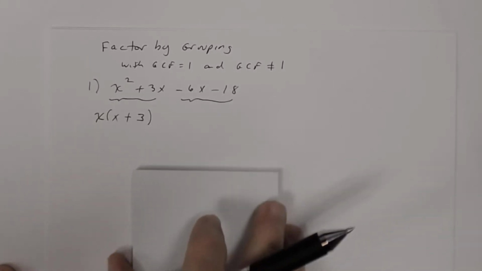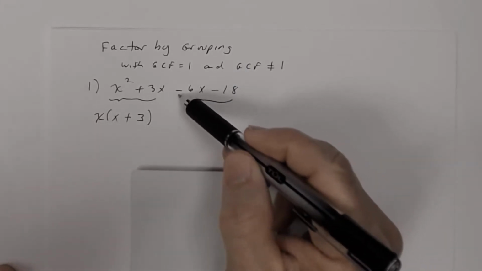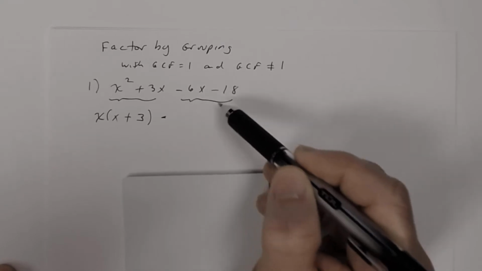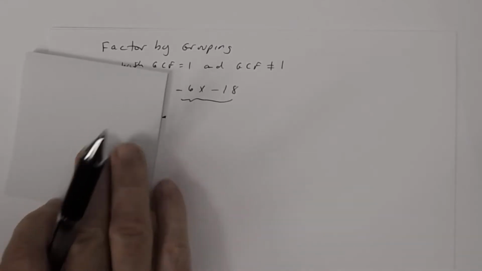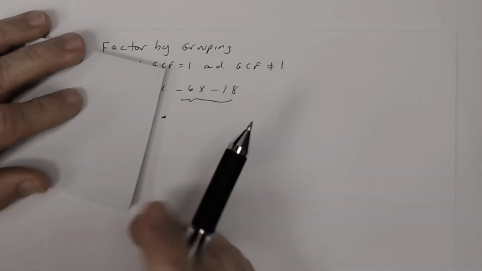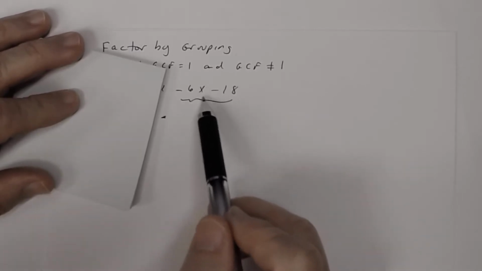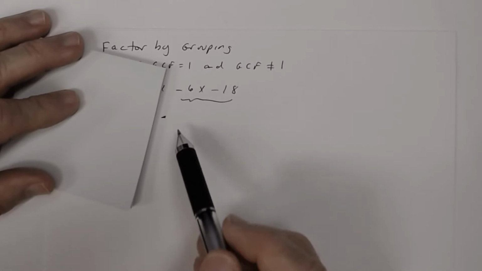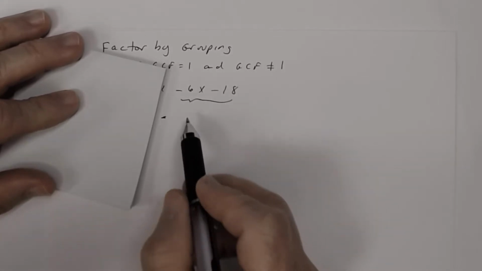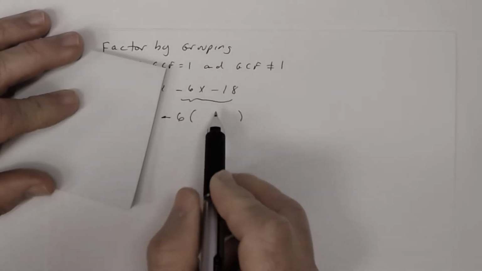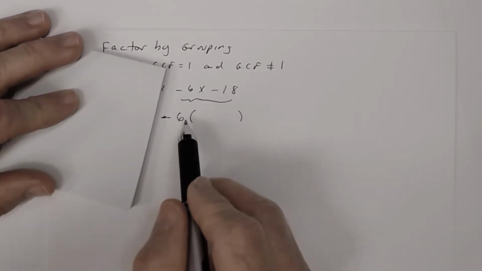Now let's look at the next group. Remember in the previous lesson, you always want to factor out based on that middle sign. Since that's a subtraction, you want to factor out a negative GCF. Covering the first part up, the GCF of negative 6x and negative 18 is negative 6. I'm going to factor out a negative 6, writing it as a product.